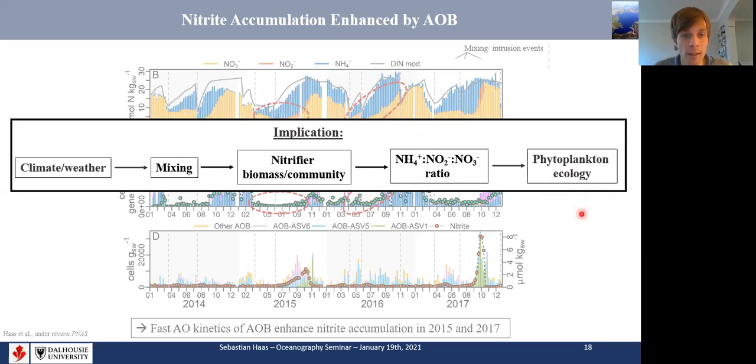And this can be extended on that far side, given that mixing is atmospherically driven. We think that winter temperatures have a lot to do with mixing in Bedford Basin specifically. And so climate and weather affect mixing and lead to this causal chain, potentially all the way to phytoplankton ecology.